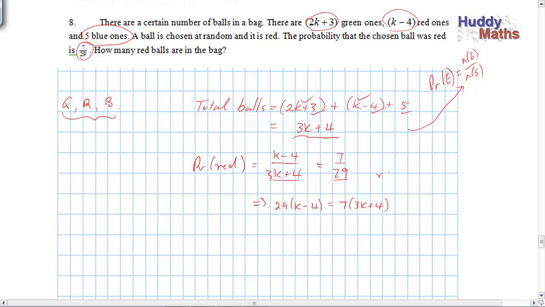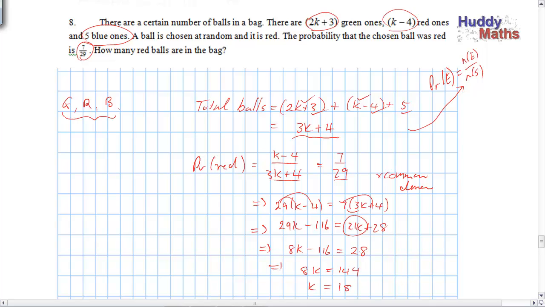You're actually multiplying by the common denominator and it's cancelling with terms on either side. So we multiply this, it's 29k take 116, okay, multiplying it out, equals 21k plus 28. Okay, getting all the k's over on the left, subtracting 21k from both sides, you get 8k take 116 equals 28. Therefore 8k equals 144, k equals 18.